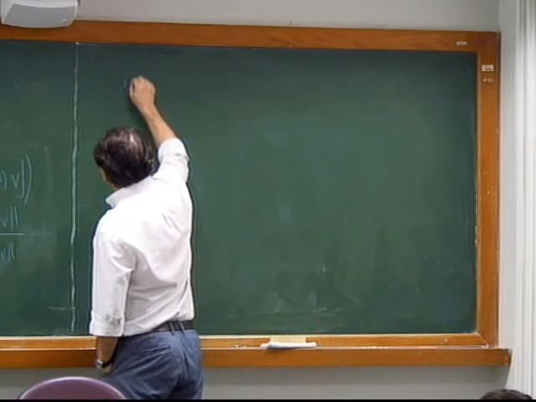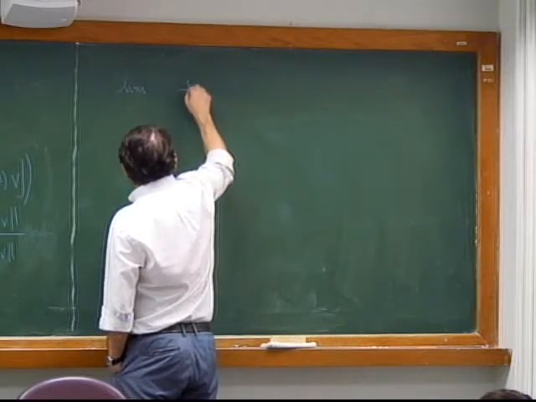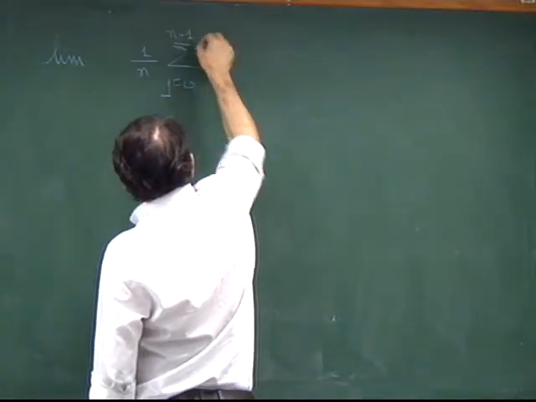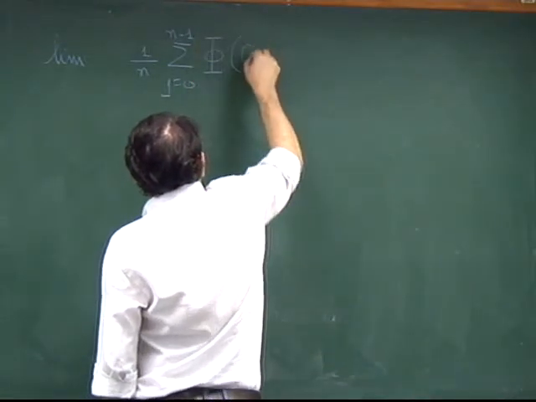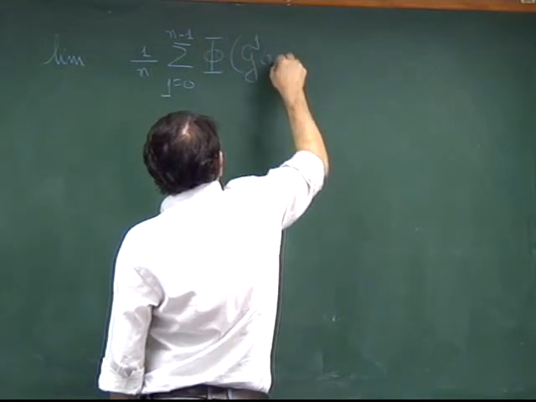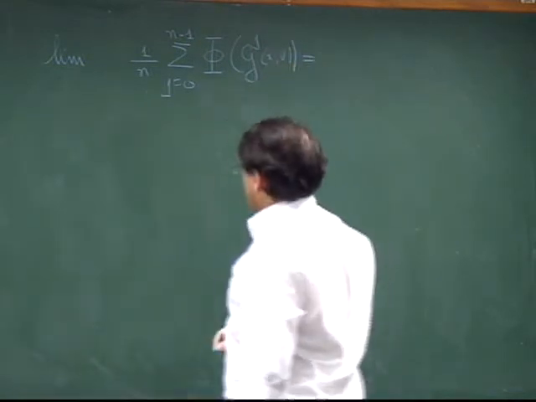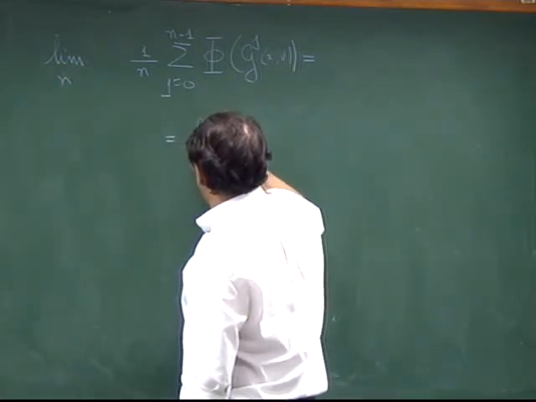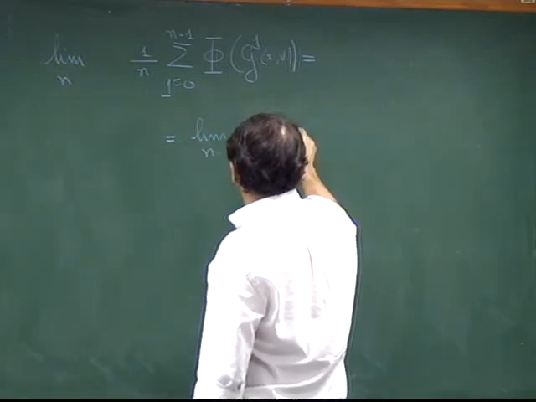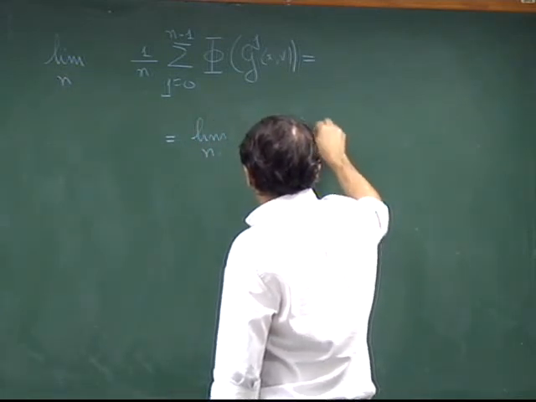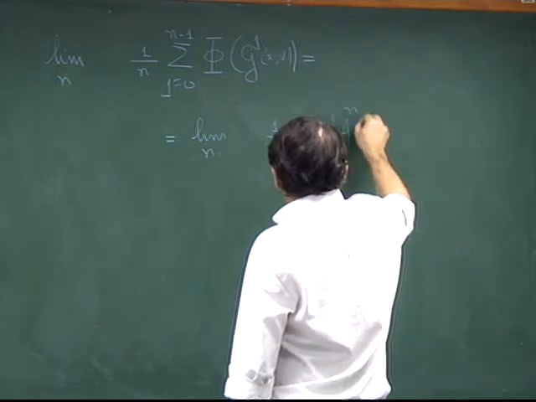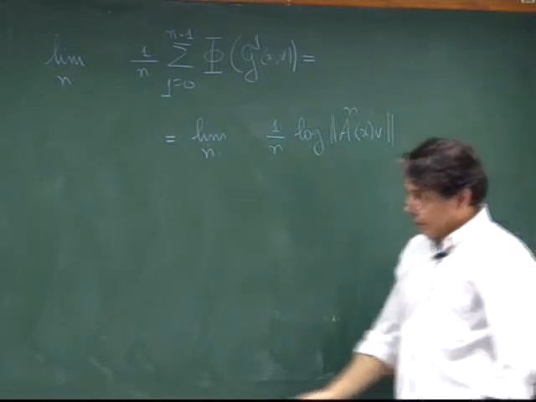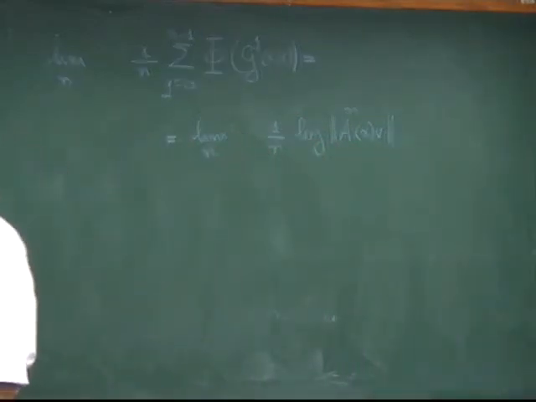For example, the limit of 1 over n, sum over j from 0 to n minus 1 of phi of g^j(x, v), is the same thing as the limit of 1 over n log of a_n(x) v. This term here dies when you divide by n.